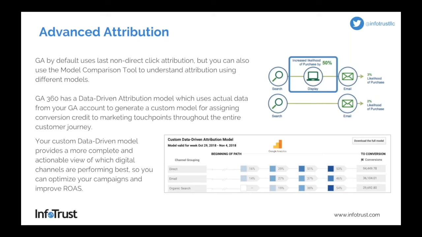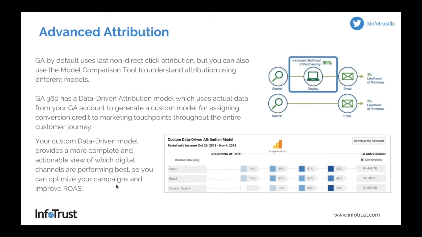So it's pretty complicated the way they go through and figure this, but the image on the top right is showing you they basically take out and add in additional channels to measure the increase or decrease in the likelihood of purchase or the conversion. And based on machine learning, they then can understand the actual value to each one of these conversion journeys.